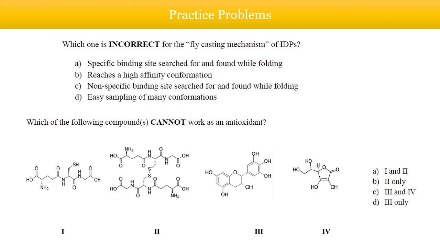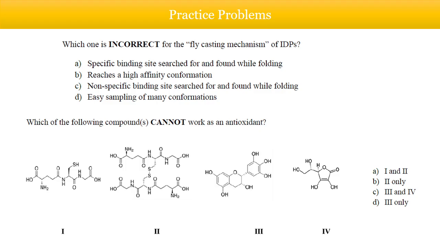Which is incorrect about the fly casting mechanism of IDPs? So, what does the fly casting mechanism of IDPs indicate? The fly casting mechanism is a model for how IDPs bind to their targets.